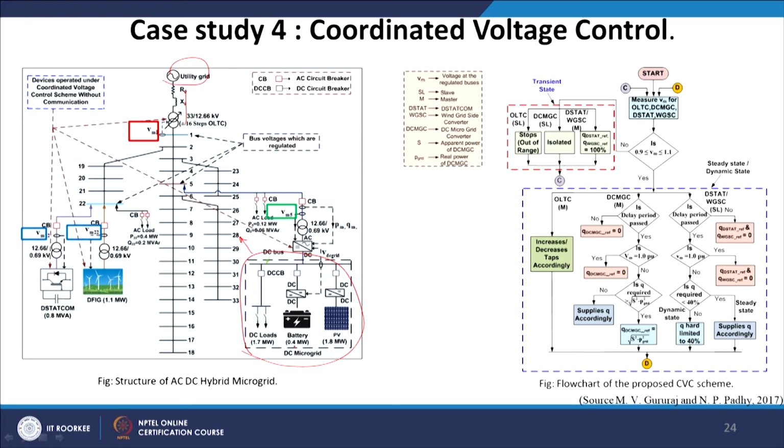The DC microgrid has 1.7 megawatt of load, 0.4 megawatt of battery and 1.8 megawatt of PV at the simulator level, but they have been scaled down 1000 times to realize them at laboratory scale.